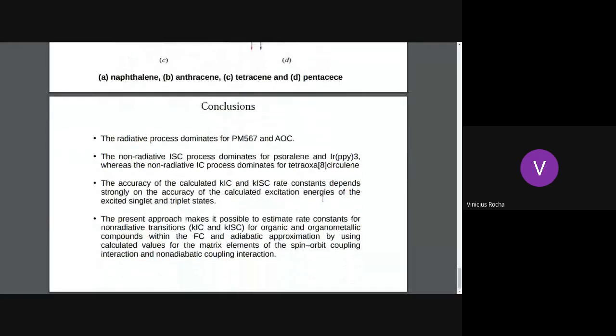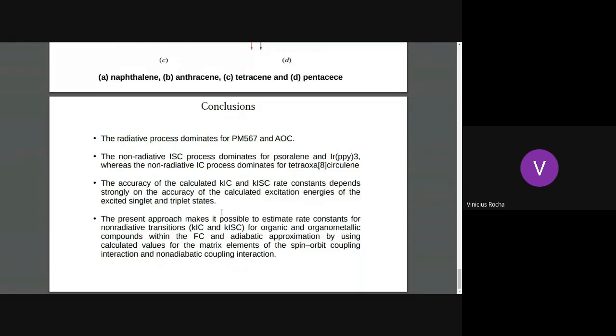So the conclusions: the radiative process dominates for PM567 and the cyclazine. The non-radiative intersystem crossing process dominates for psoralen and Ir(ppy)3, whereas the non-radiative internal conversion process dominates for the tetraoxycyclazine.